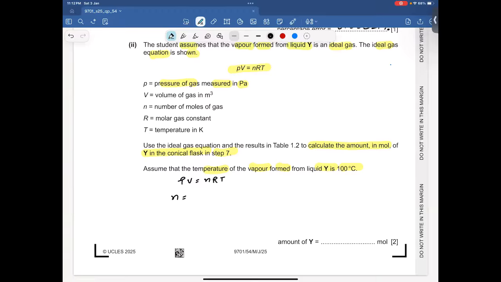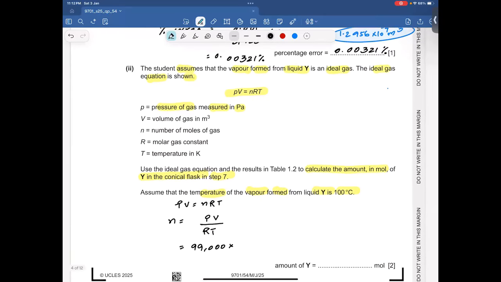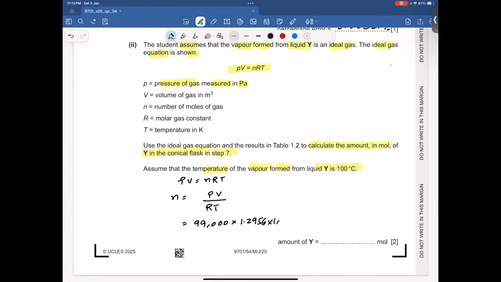We need to find the moles, so it's going to be PV upon RT. The pressure is 99,000 Pascal. Volume is 1.2956 into 10 to the power minus 4, divided by R. R is the universal gas constant. Its value is fixed, given in the data table at the end of this paper.